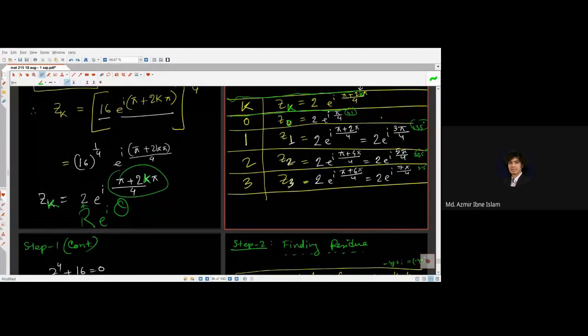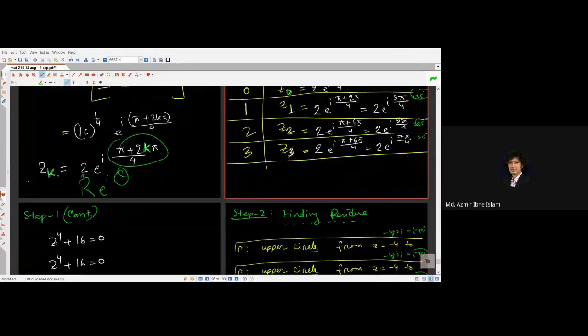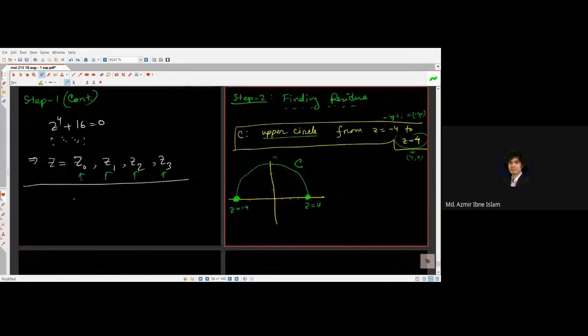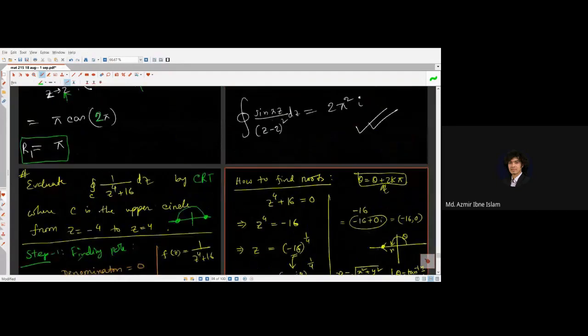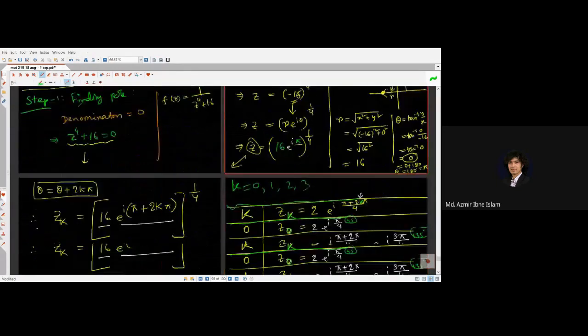That's why I have written the angles here. So can you see what is the radius of every pole? Yes, sir. It is 2. So that means we can leave a comment here that f of z, that function, is 1 over z to the power 4 plus 16.